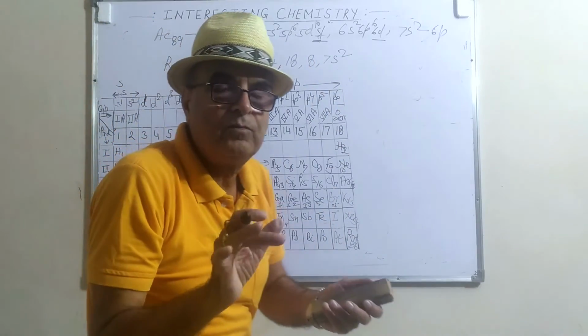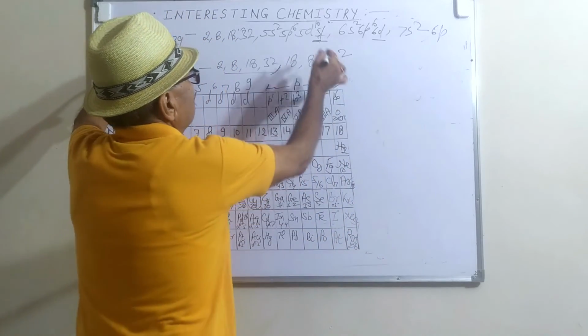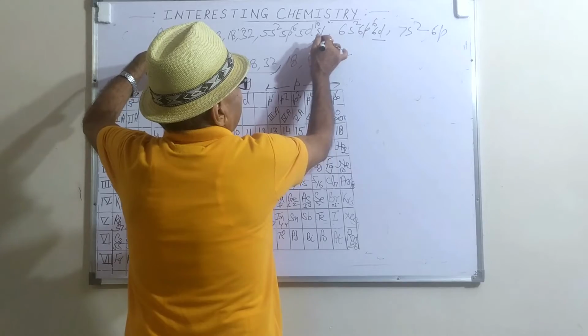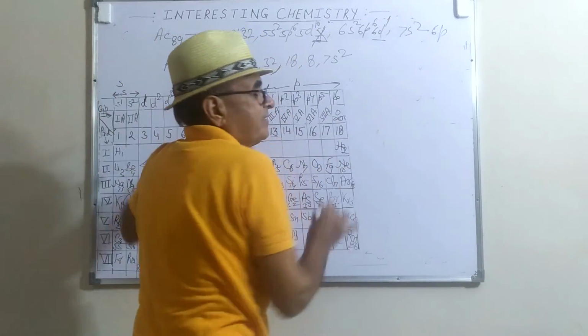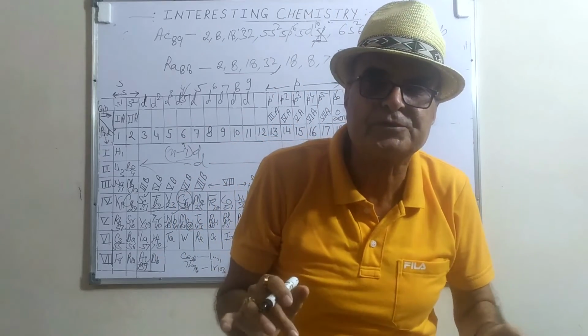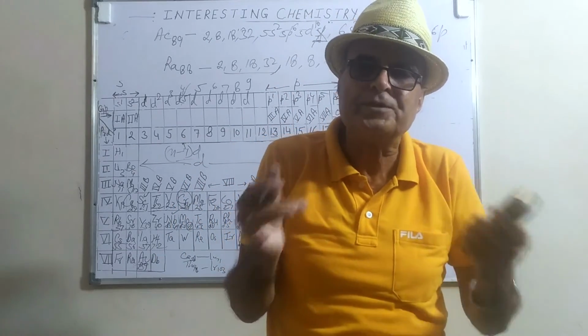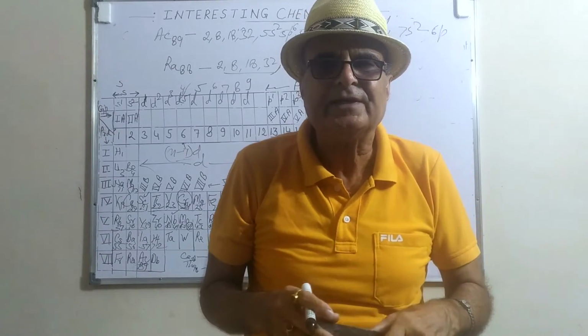According to the above principle, the 89th electron should go in the 5f, but it does not go. It will go to 6d. It is also an exception to the above rule.